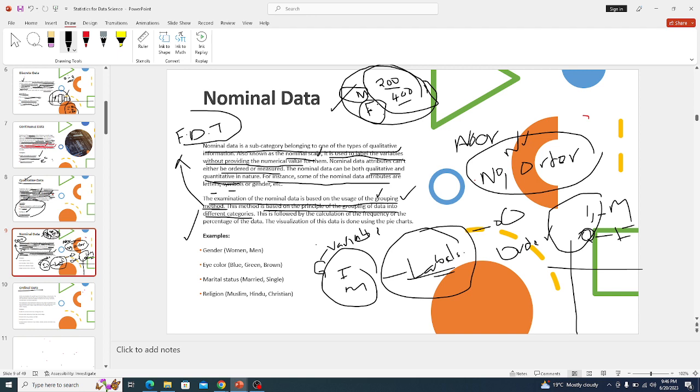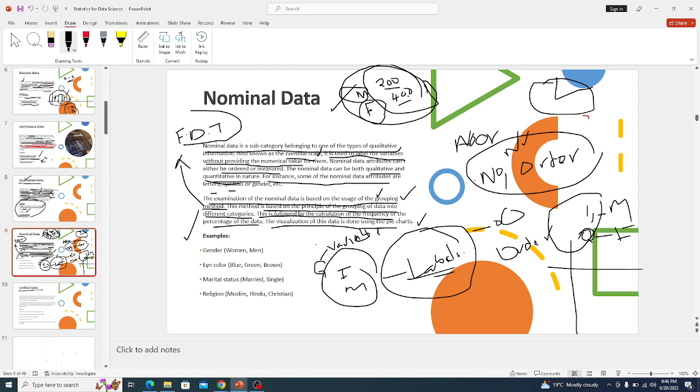So we have some examples, and this is followed by calculation of a frequency table, or the percentage of the data. The visualization of this can be done using pie charts. Like for example, we can say this is a pie chart.